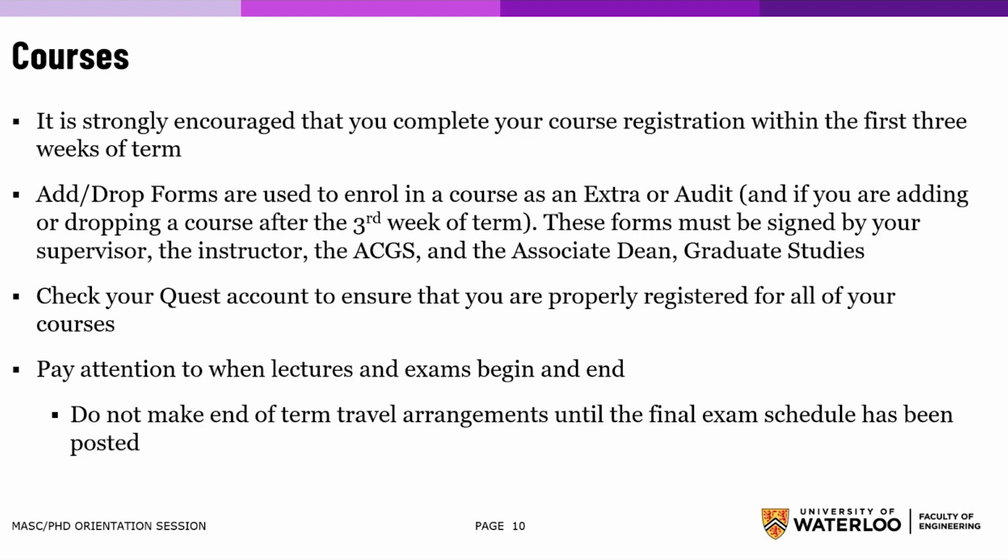What that means is it won't be counted in your GPA, and it won't be counted towards your degree requirements. But if you then move to this institution or another institution for your PhD or further studies, you could transfer that course to that program with the permission of the program, and use it towards that degree. So that's when it's an extra.